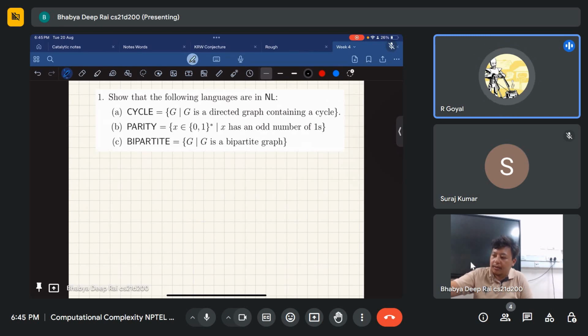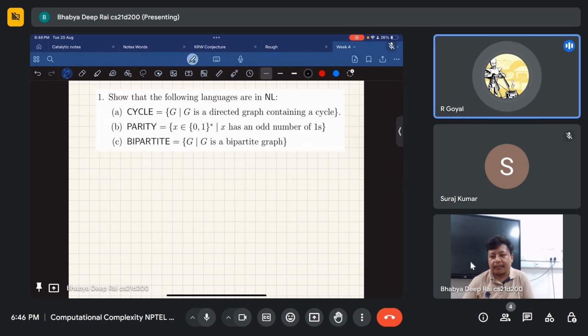The only problem remaining is that I require something which uses non-determinism, because otherwise this problem can also be solved in the L class.